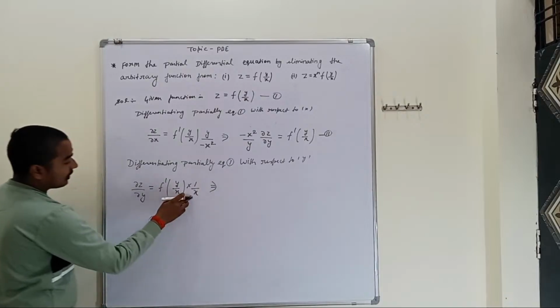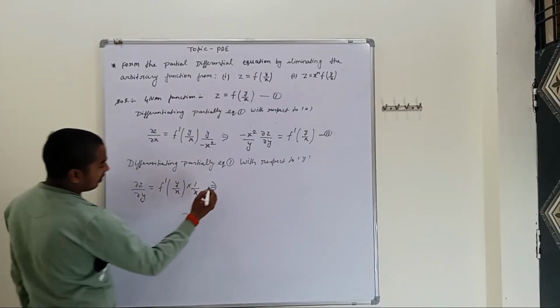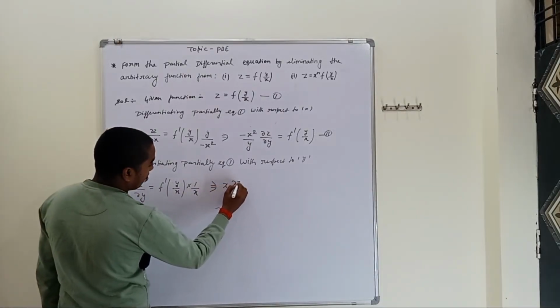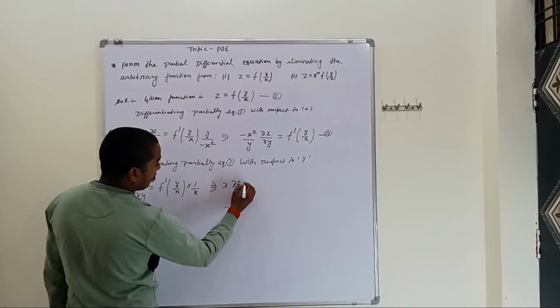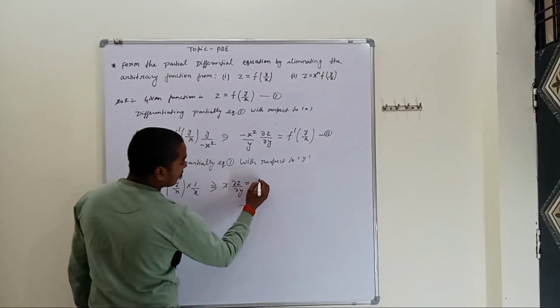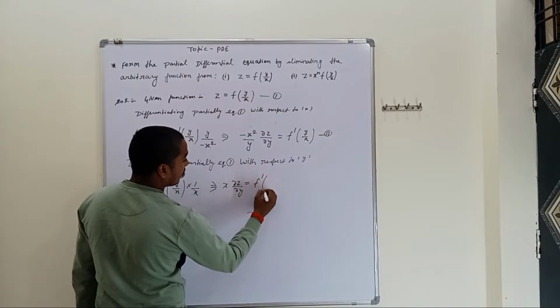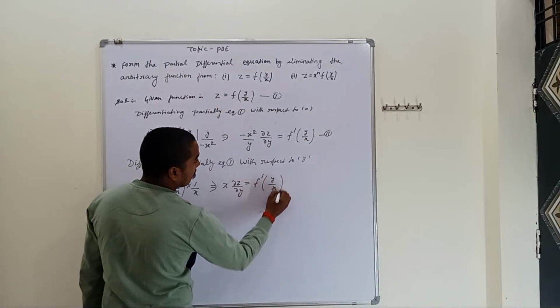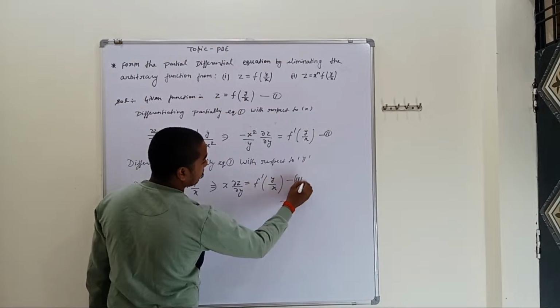Further, taking x into cross multiplication, that is x del z upon del y is equal to f dash of y by x. This is equation 3.